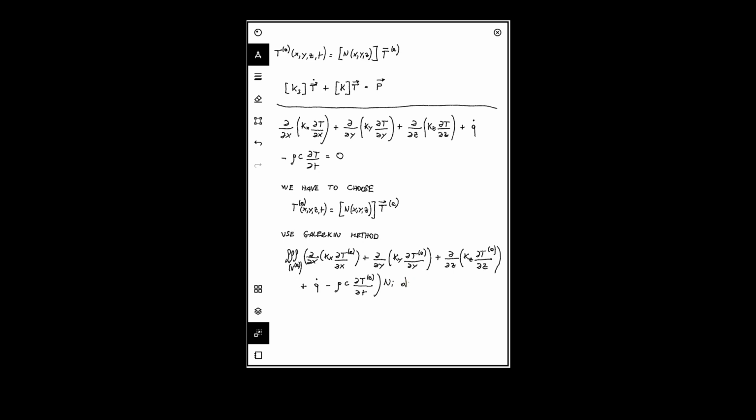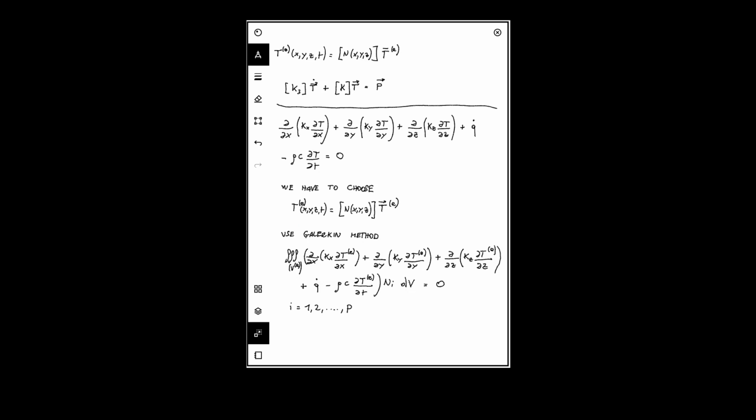The domain is V, so we have to put the V and set this set of equations equal to 0. Obviously i goes from 1 to P. P is the number of nodes in the element, and this is related to the choice of the interpolation function, linear, quadratic, cubic, etc.